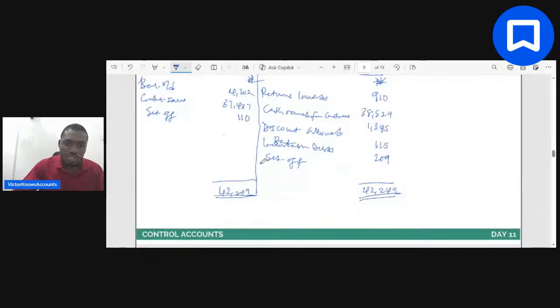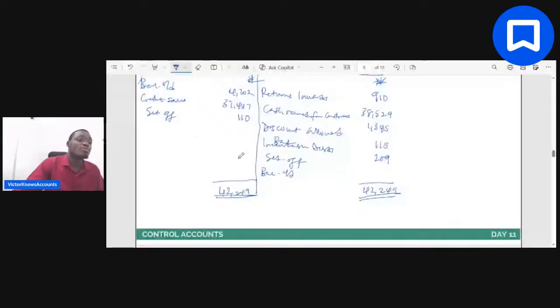So if you add this plus this plus this plus this plus this, you have 41,108. I hope you guys are also punching your calculator right. Then your balance carried down. It means that your debit side is greater than your credit side, so you have a debit balance. Don't forget, a debit balance occurs when your debit side is greater than your credit side, while a credit balance will happen when your credit side is greater than your debit side.